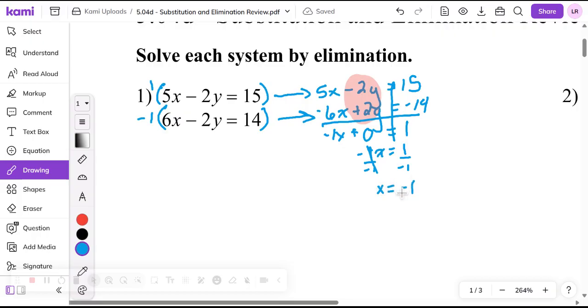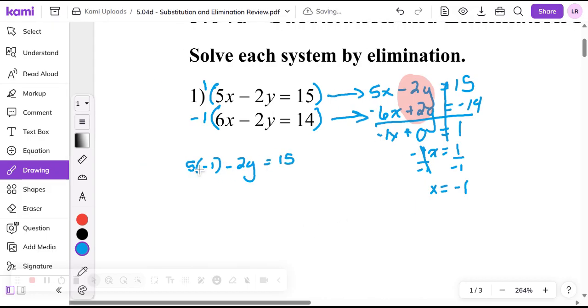Now reminder, I have one of my answers. I have to plug it back in to get the second one. And I am going to choose to use the top equation. So I know the x is -1, so I have 5 times -1 minus 2y equals 15.